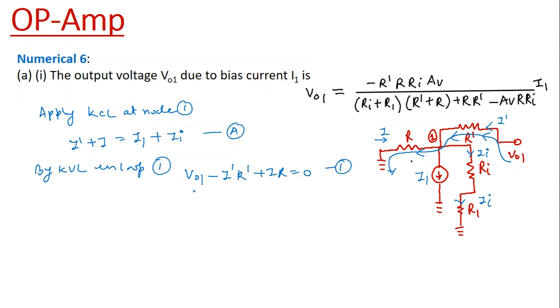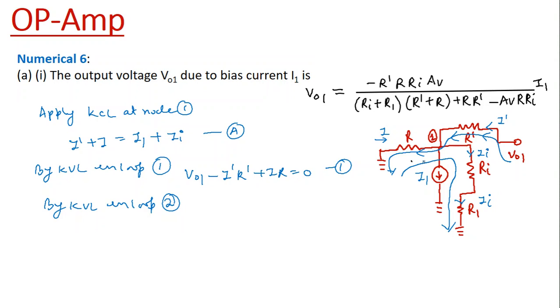Now we apply KVL in loop 2. So what is our loop 2? It starts from this ground point, goes through resistance R, then through Ri to R1 and then ground.